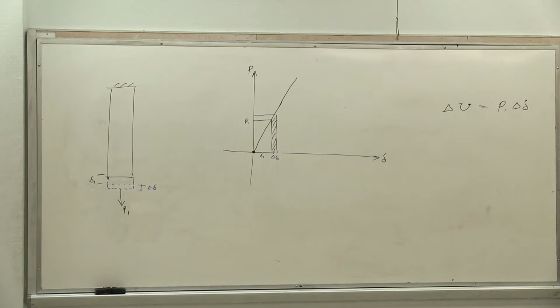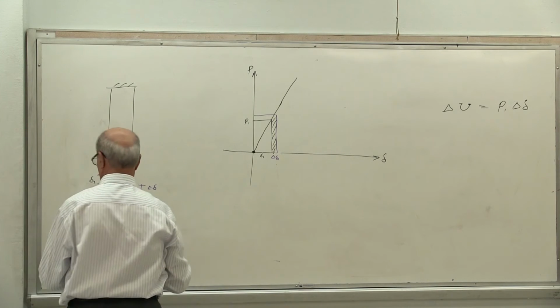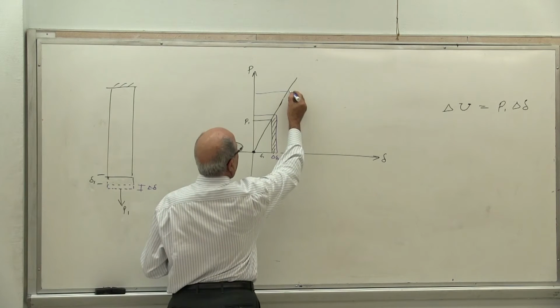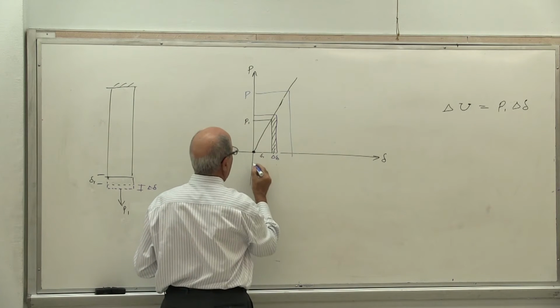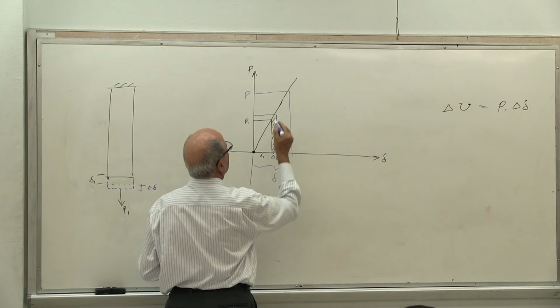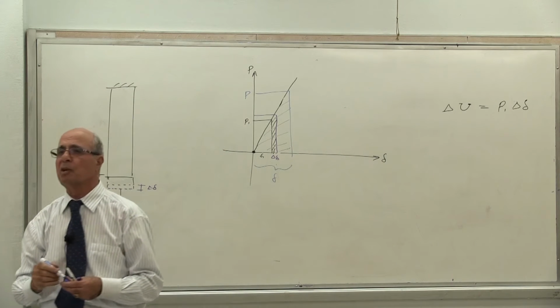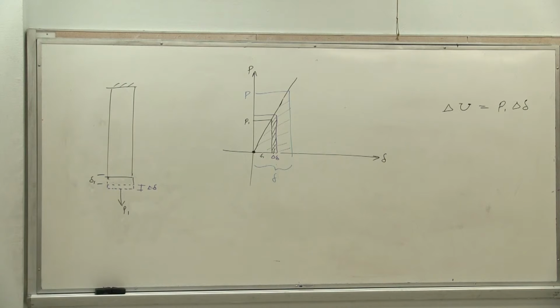So if I go to any P now, let's put that any P, which I put in blue. So if I load this structure to point P and delta, this is point P, and that is delta, what's the total energy? Isn't that the total energy I have stored in that? Because I have to add all those little strips together, yes or no?